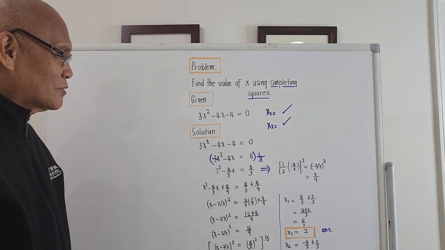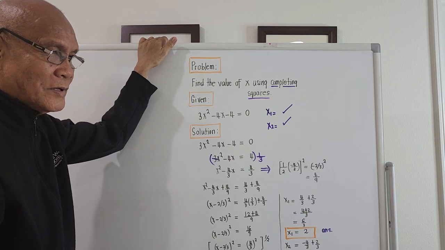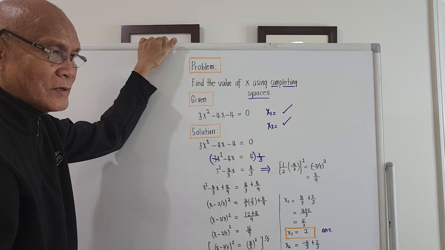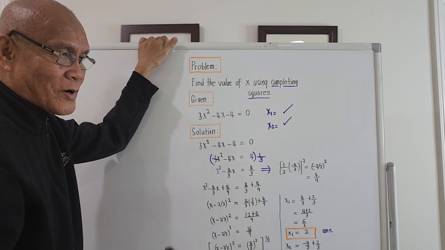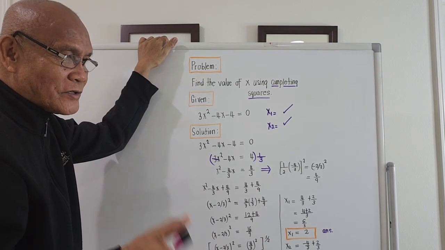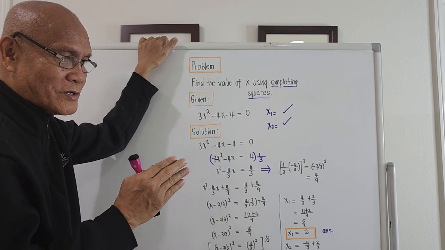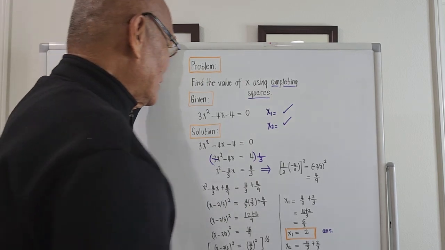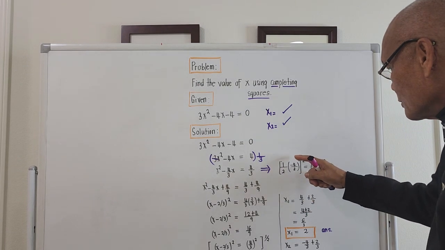The third step is now the hard part of the solution. If you do not know the formula and how to make the left-hand side a perfect square, you've got a problem. But under algebra, to make the left-hand side a perfect square, take 1/2 of the coefficient of b.